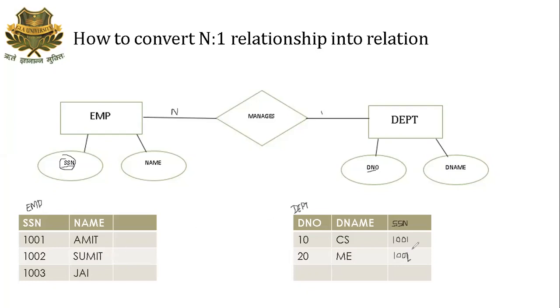So in that case, you cannot say the condition every employee has to work for at least one department, because 1003 does not work for any department. So in that case, this condition is wrong.